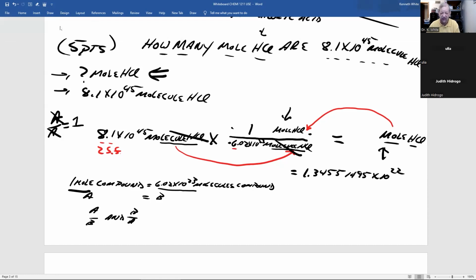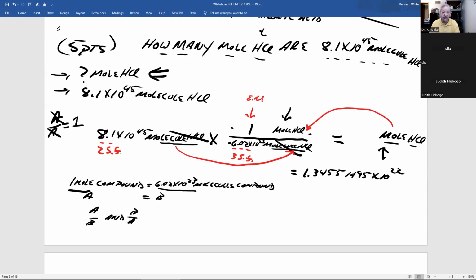Avogadro's number, 6.02, is 3 significant figures for my class. You can find it more precisely, but for mine, that's what you should be using. And 1 is part of the definition, and that's an exact number, which is not figured in determining the significant figures of your answer in a multiplication or division.